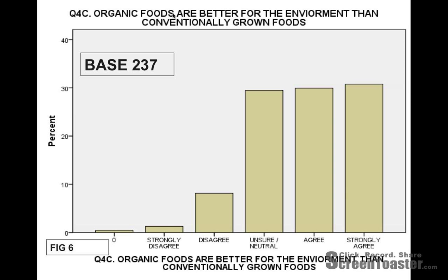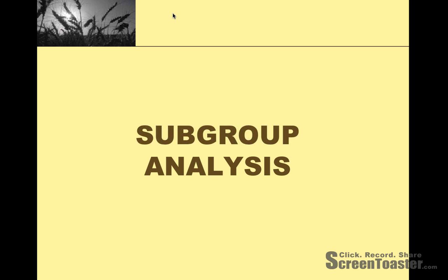We also asked them if organic foods are better for the environment than conventionally grown foods, and most of the respondents either chose unsure, neutral, agree, or strongly agree. Okay, next up we have Casey, who's going to present about subgroup analysis.